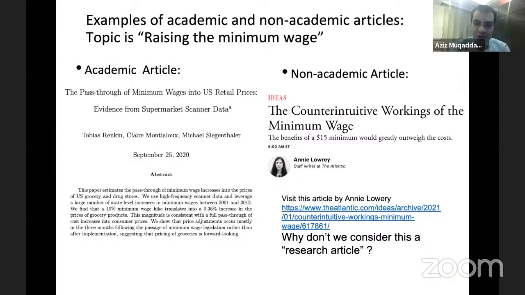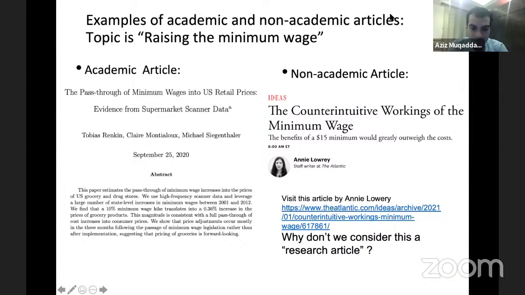We're not going to talk about this today, but they found that a 10% minimum wage hike translated into a 0.36% increase in the prices of grocery products. And so the adjustment from a 10% increase is only a 0.36% increase in prices. So that's what their research found.